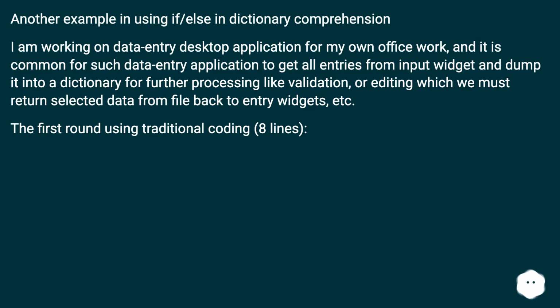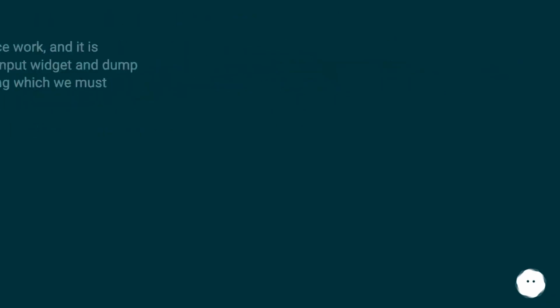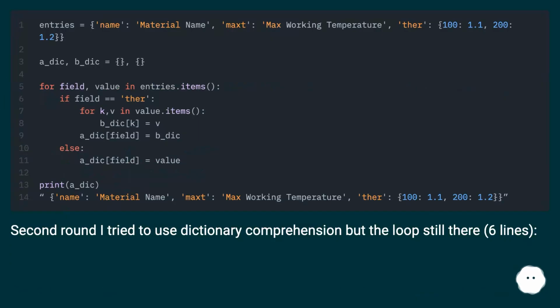The first round using traditional coding, 8 lines. Second round I tried to use dictionary comprehension, but the loop's still there, 6 lines.